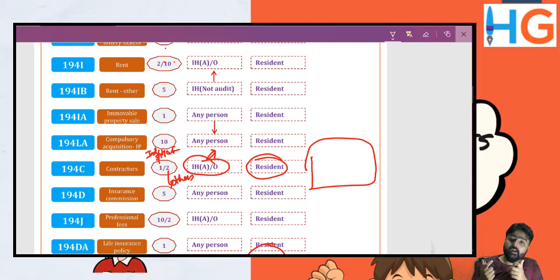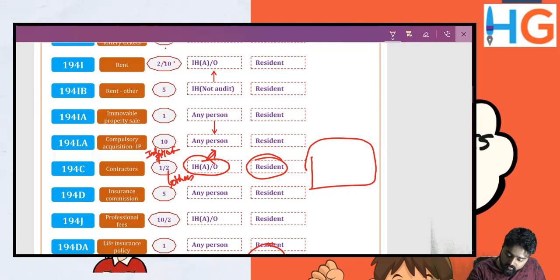At what amount should I deduct? If the invoice mentions the basic amount bifurcated into two parts, the first towards the material component, the second towards the labor component, TDS is deducted on the labor component. If not separately given, if the total amount is given, I have to deduct on the total amount.